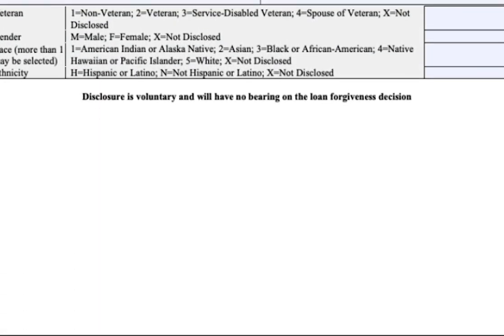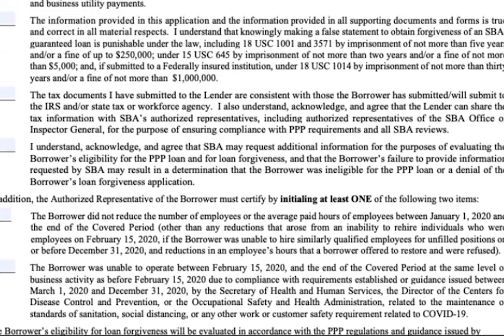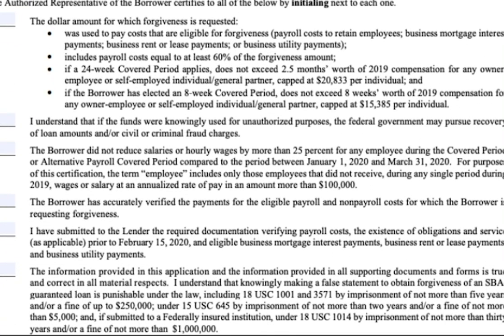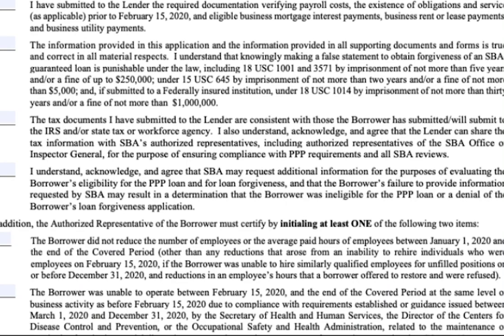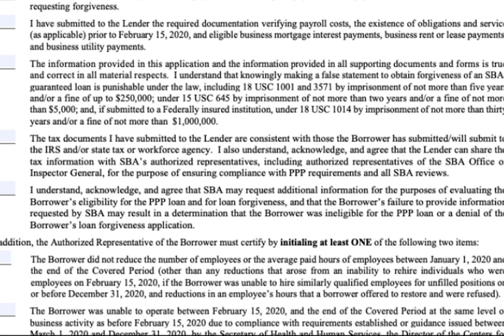This application should be sent to your lender, not the SBA. The SBA doesn't have anything to do with it. I mean, they do final approval, but your lender will go through your application and make sure everything is right. They will approve it, and then they will send it over to the SBA, and the SBA will do the final approval for your forgiveness.